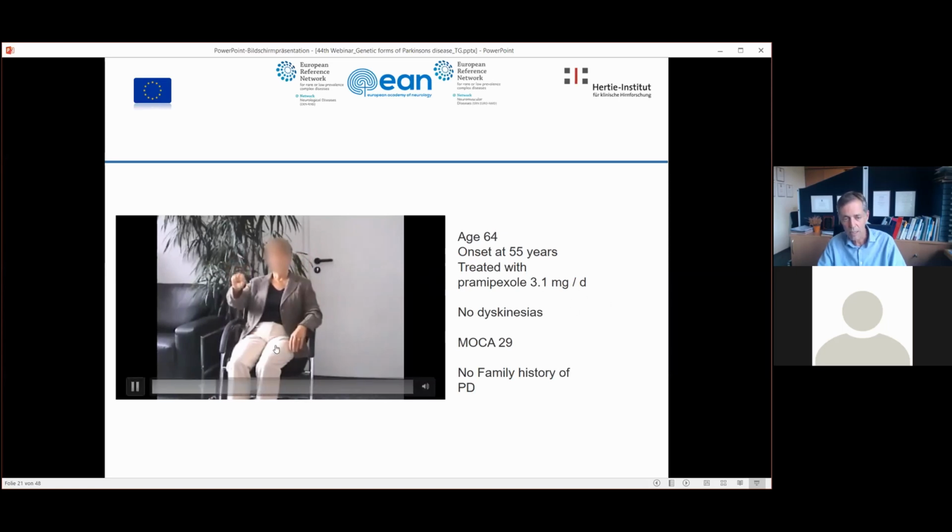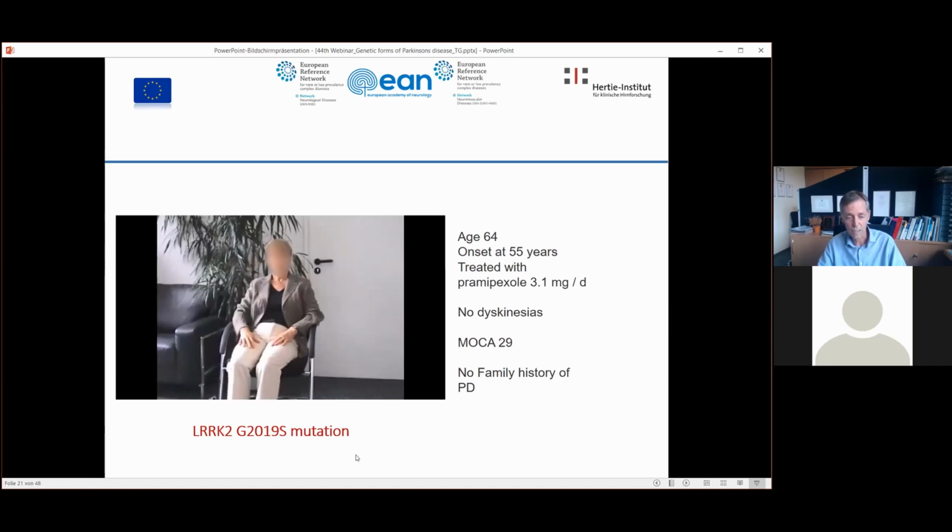She has no dyskinesias. You can see here that she's doing all those exercises very fluently. She has, on treatment with the dopaminergic agonist, very few symptoms. She has no cognitive impairment, no family history of the disease. This is also a genetic form of Parkinson's disease, even though she doesn't have a family history.